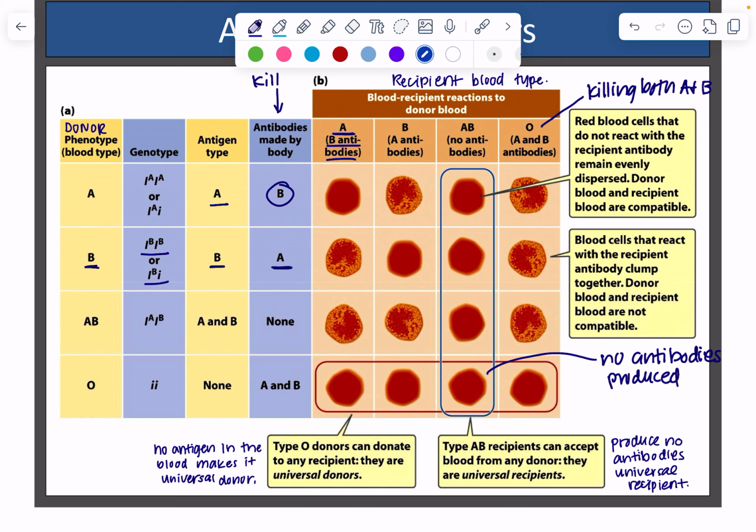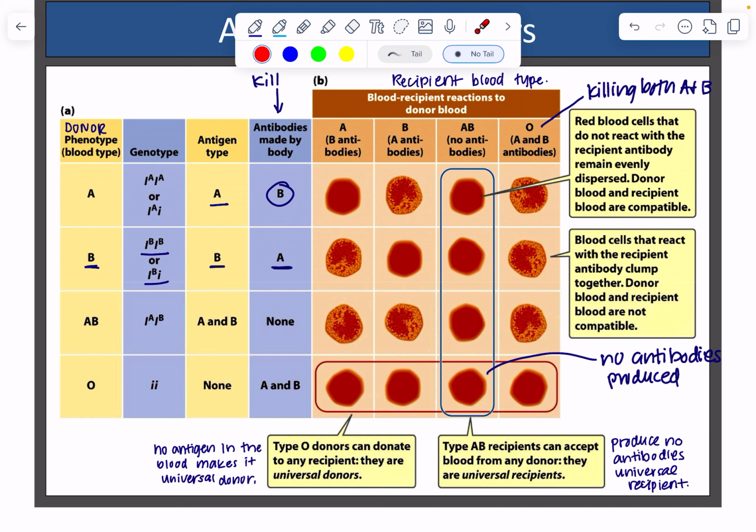If you have an A recipient, you're trying to figure out what blood to give them. They have A antigen in their blood, but they create antibodies against the B antigens. So you can't give them anything with B antigens. And B and AB both have B antigens.